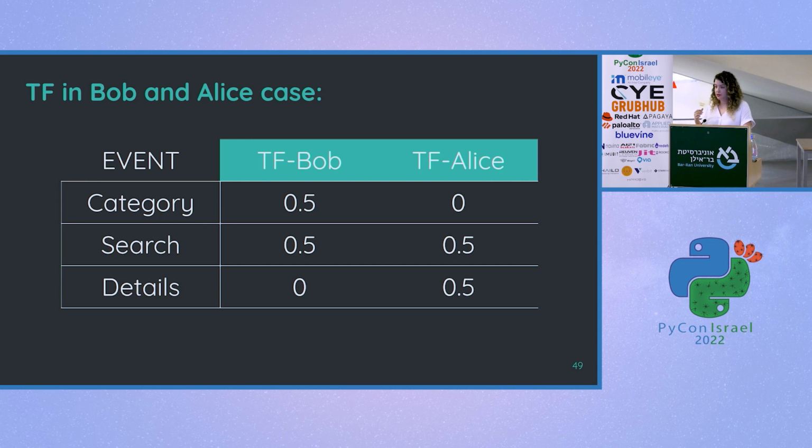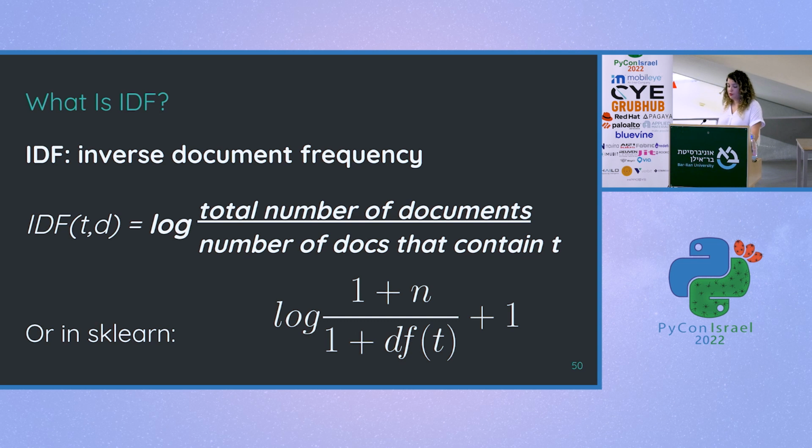For Bob, the category weight is half, 0.5, and so does search. And for Alice, search and details are both 0.5.